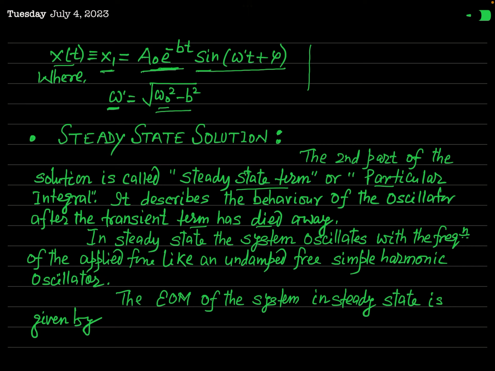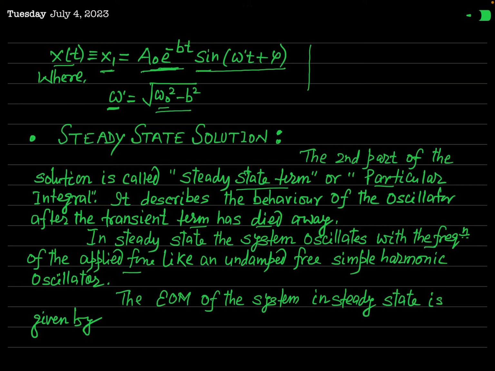I have just told you that in a steady state the system is completely governed by the applied force, and so in this condition the system oscillates with a frequency equal to the frequency of the applied force, just like an undamped forced harmonic oscillator. So now we will solve the equation of motion in the case of the steady state of the system.